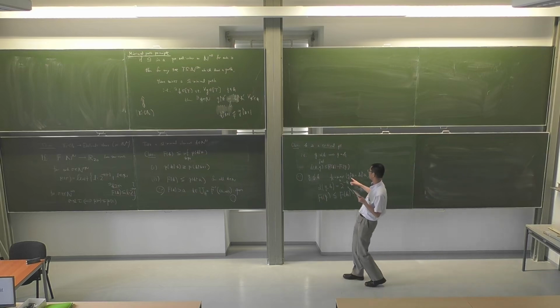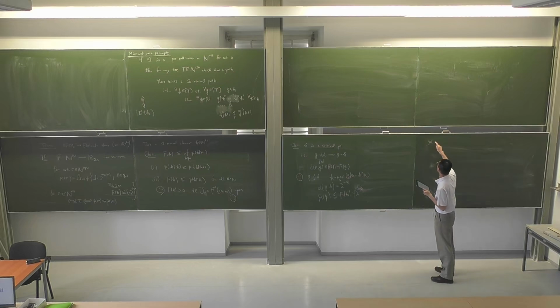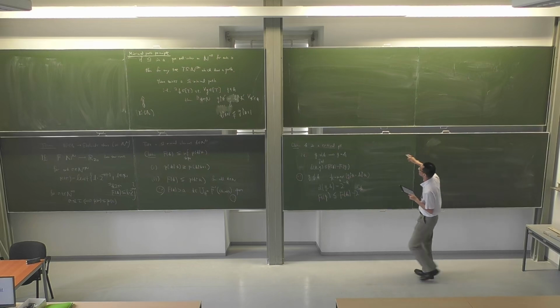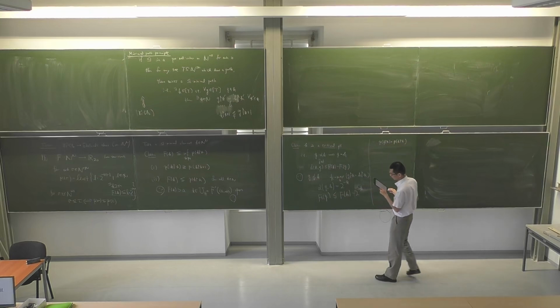But on the other hand, we have this one. So p of g restricted to k. On the other hand, p of g restricted to k is just the same as p of h restricted to k.